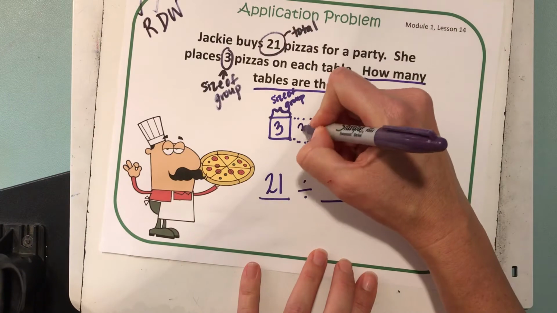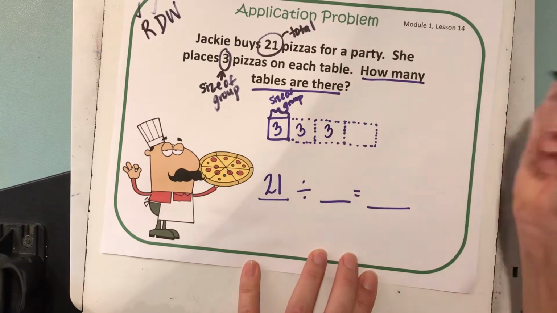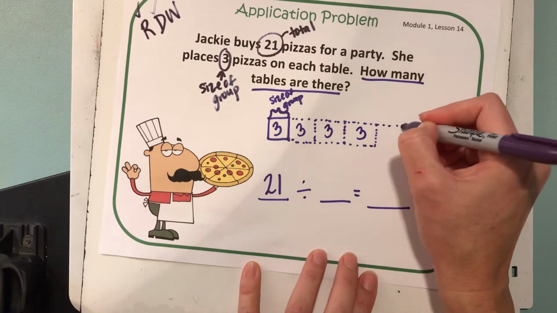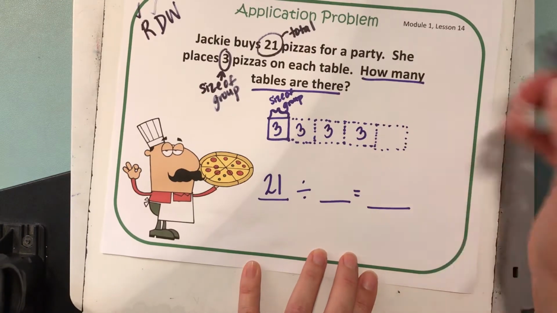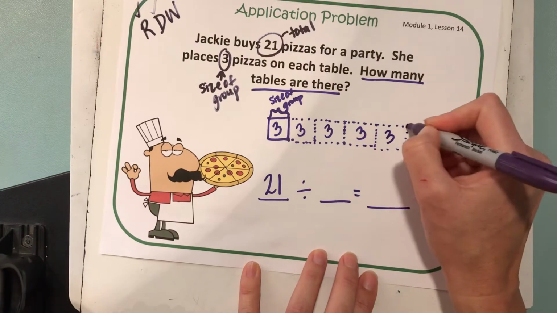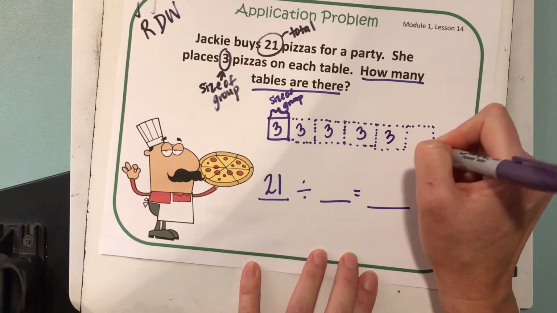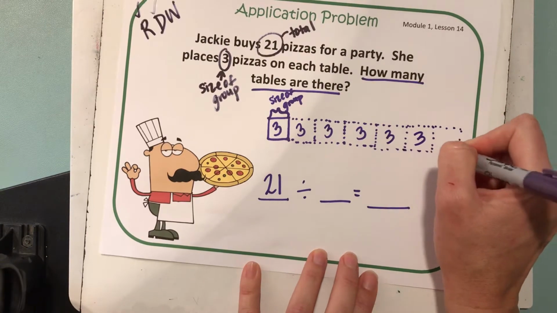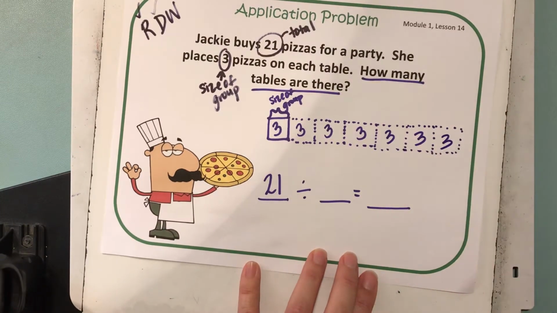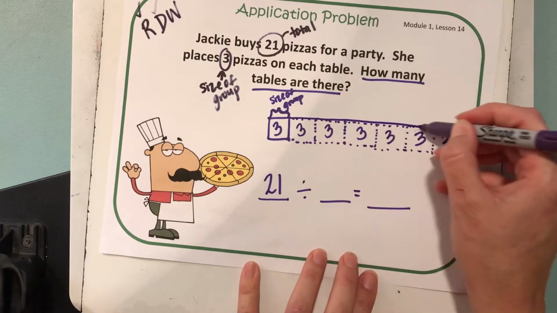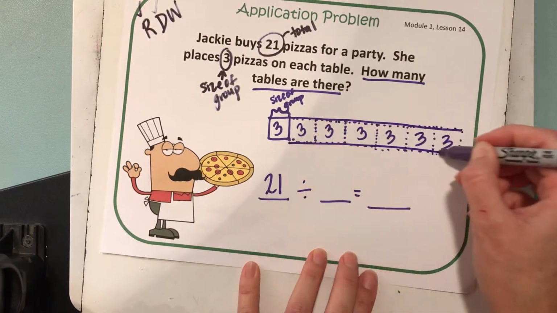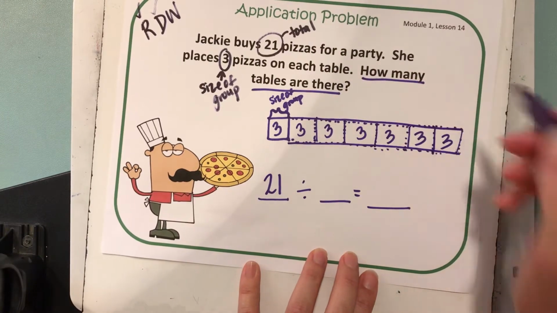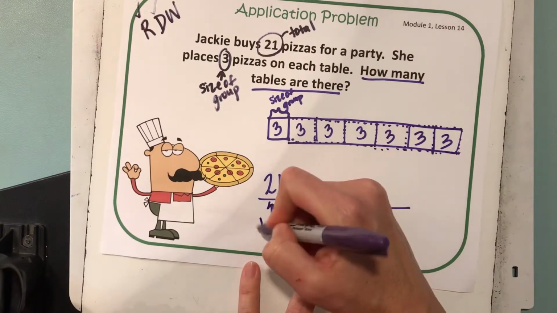3, 6, 9, 12. Oh, I need to create more dots. 15, count with me. 18. 21. Now I can draw my lines. Okay, so I have my total.